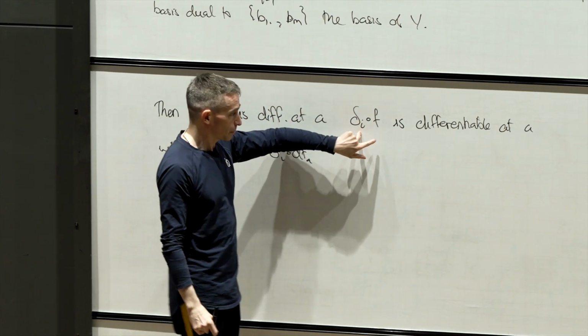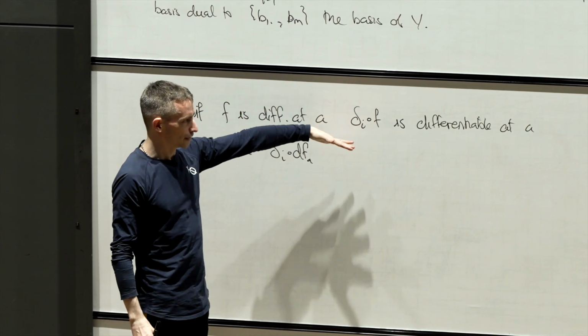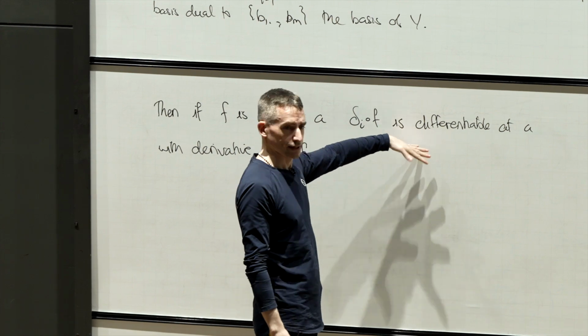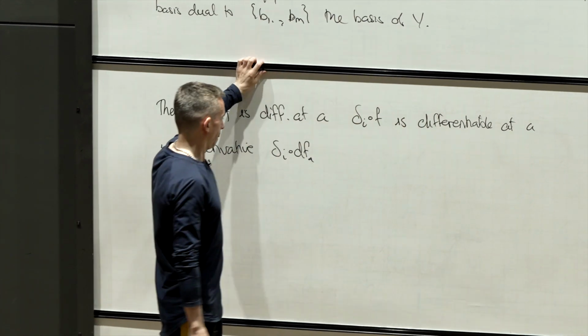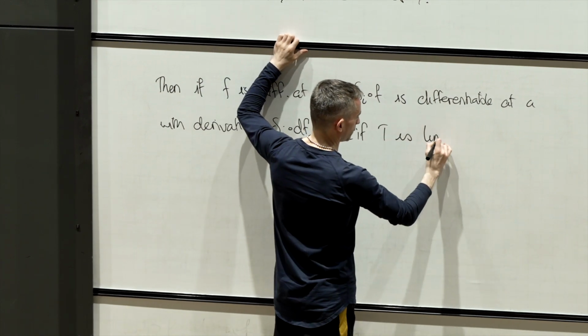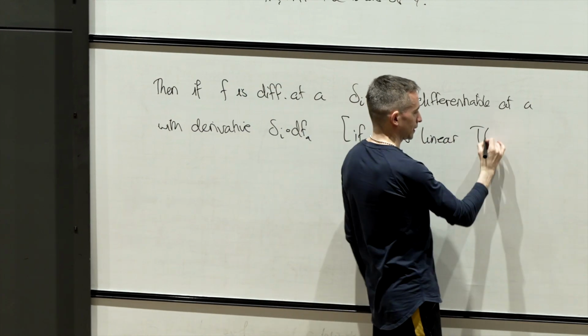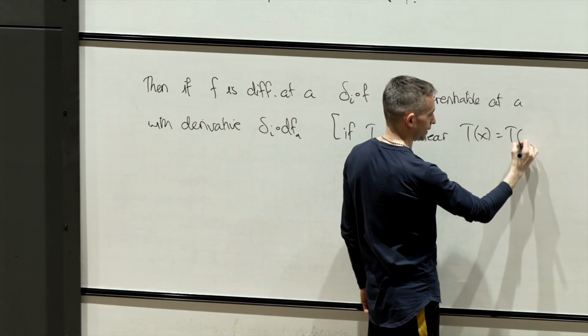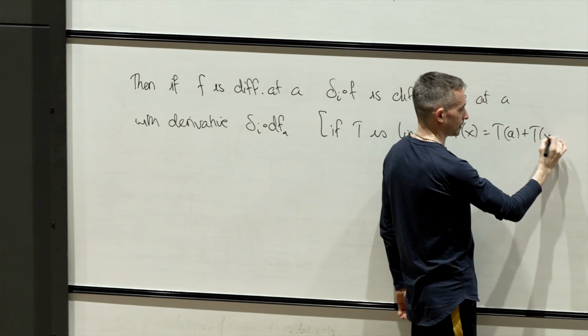If you have a linear map, kind of obviously the best approximation to that, which is linear, is itself. So if t is linear, t of x is t of a plus t of x minus a.